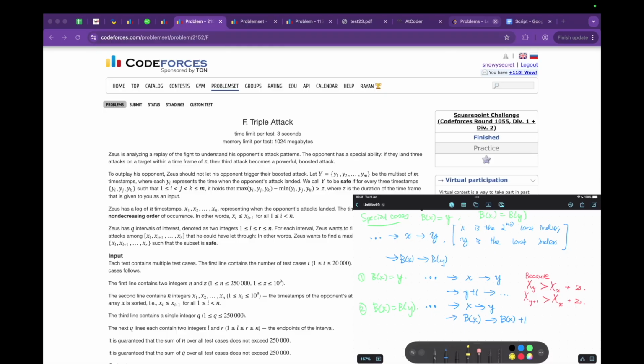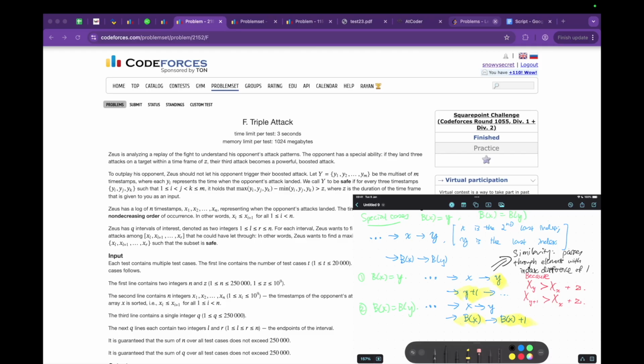In the first special case, our sequence actually passes through y and y plus 1. And in the second case, it passes through bx and bx plus 1. So the similarity here is that it passes through elements with index difference of 1.